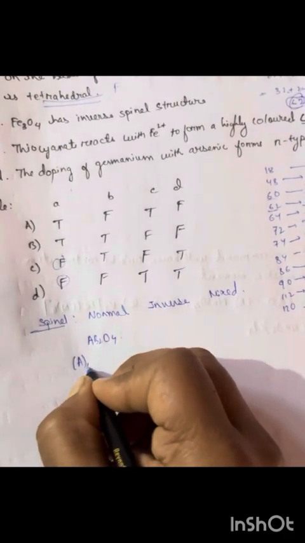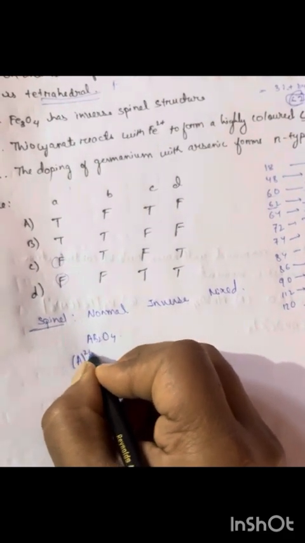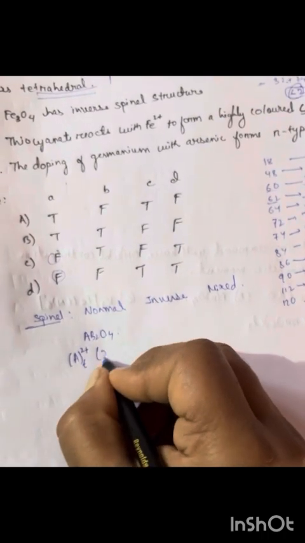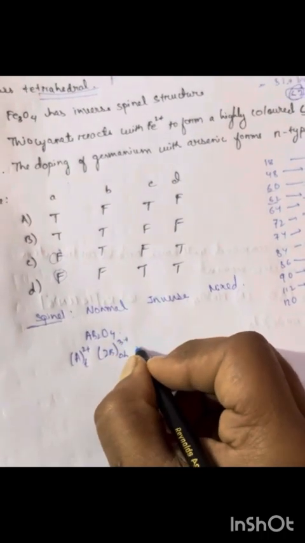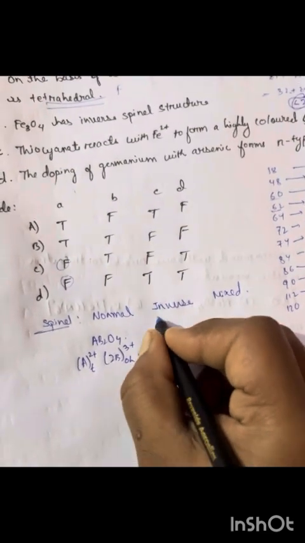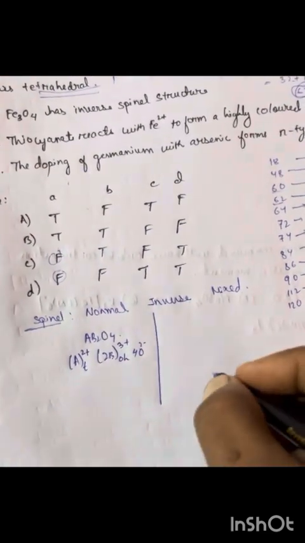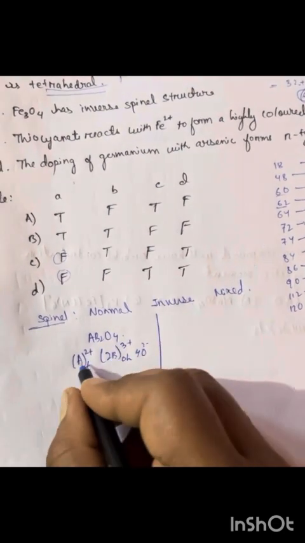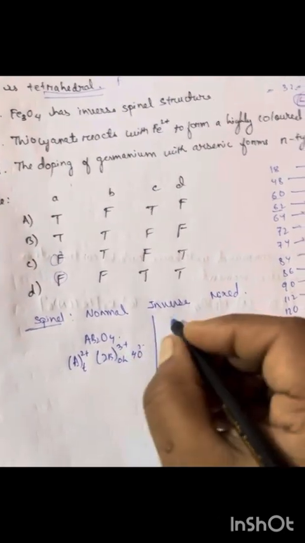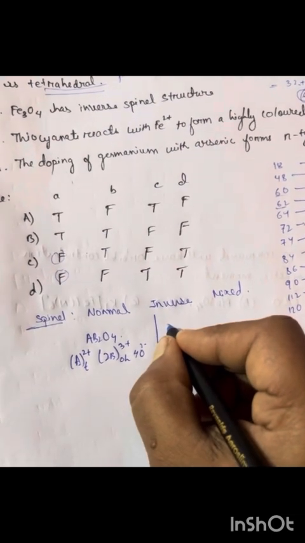A is formed as 2 plus in tetrahedral, 2 B in octahedral 3 plus, and 4 O2 minus. This is for normal spinel. Then for inverse, you just shift: give one B to the tetrahedral site and A to the octahedral site, and it will be inverse.